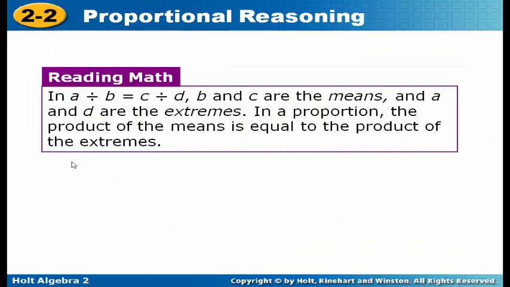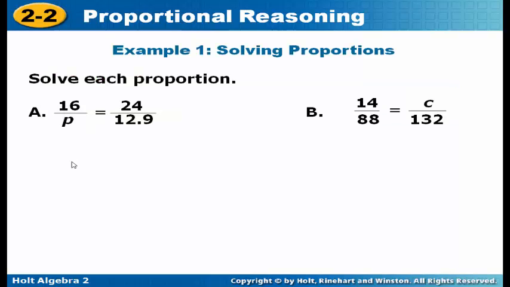If A divided by B equals C divided by D, B and C are the means, and A and D are the extremes. In a proportion, the product of the means is equal to the product of the extremes. Solve. Now we have a variable p.